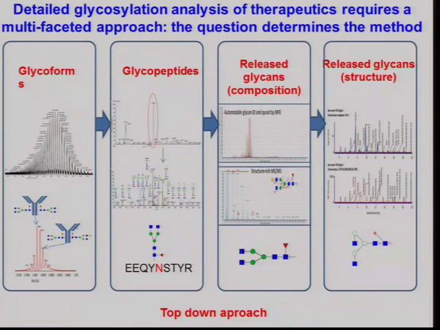So the next level down is to make the glycopeptides. So you cleave your protein with trypsin or chymotrypsin or with some protease that will give you the kind of peptides that you think you want to see. And then you analyze the glycopeptides. Now, at the moment, most glycopeptide analysis will only give you composition. So it will give you a structure like this, but there are no bonds, it's not telling you the anomericity.